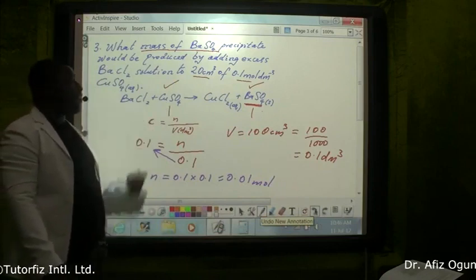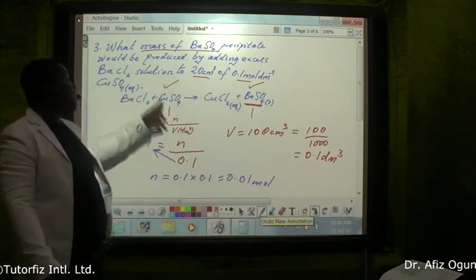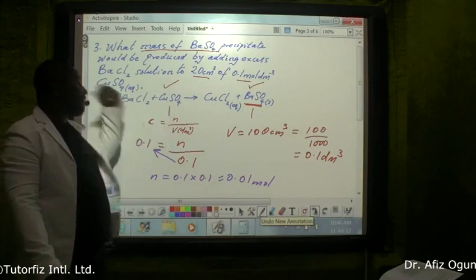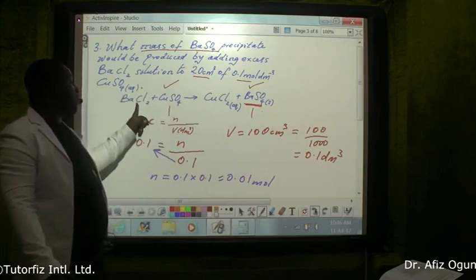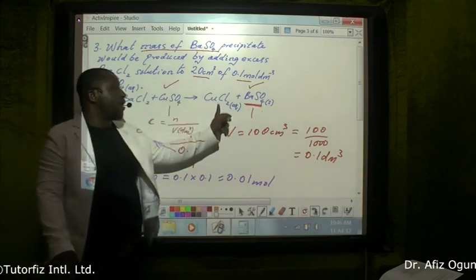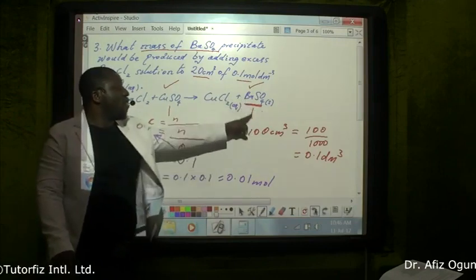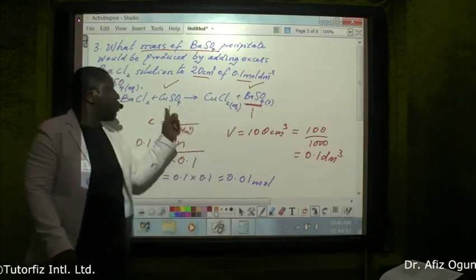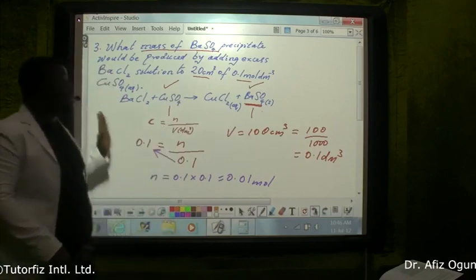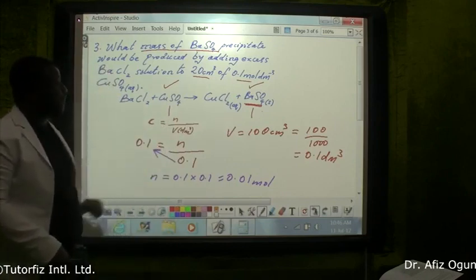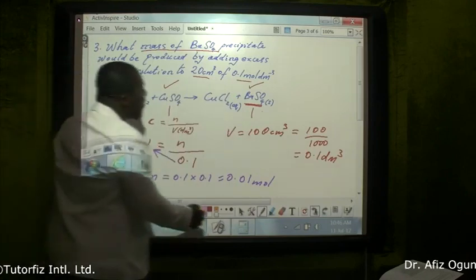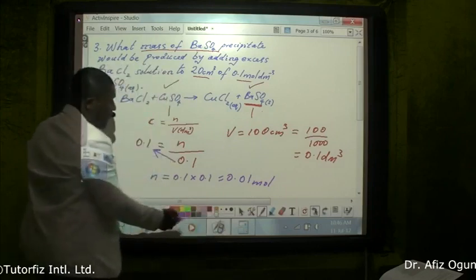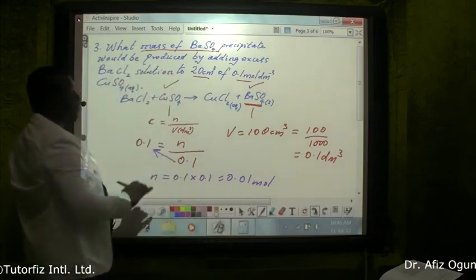As I told you, 1 mole of copper sulfate reacting with 1 mole of barium chloride will give 1 mole of copper chloride and 1 mole of barium sulfate. So 1 to 1. If this one is 0.002, this also has to be 0.002. As easy as A, B, C. So the number of moles of my barium sulfate is also 0.002.